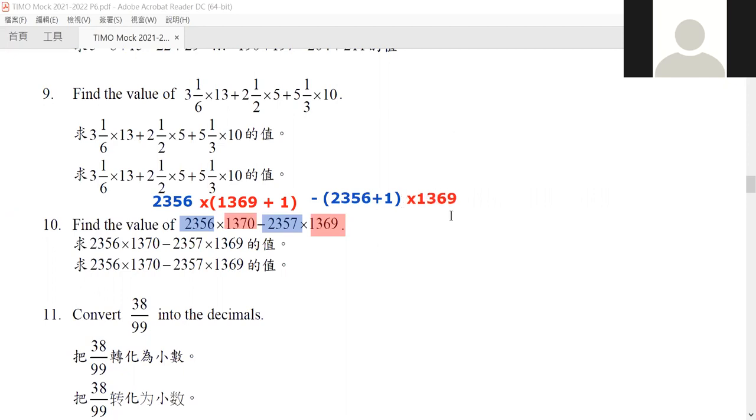Now, after we write it like this, we can use our distributive law to rewrite. Again, we want to place our multiplication into each and every term of the bracket. So it will be 2356 times 1369 plus 2356, minus 2356 times 1369 minus 1369.